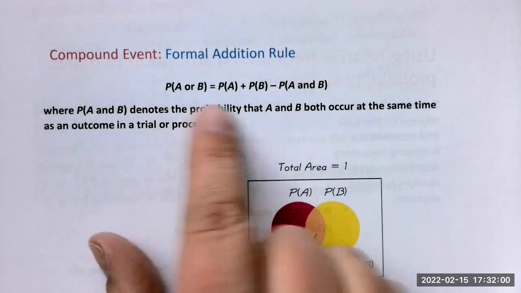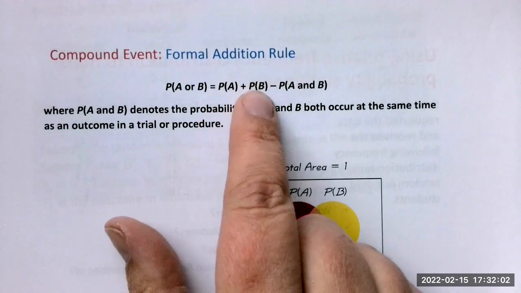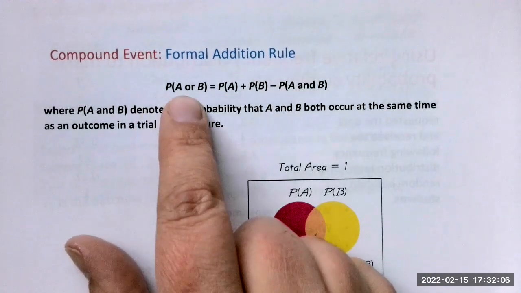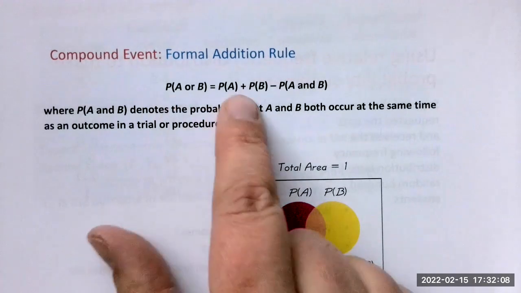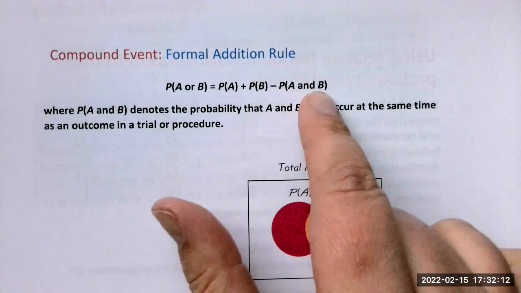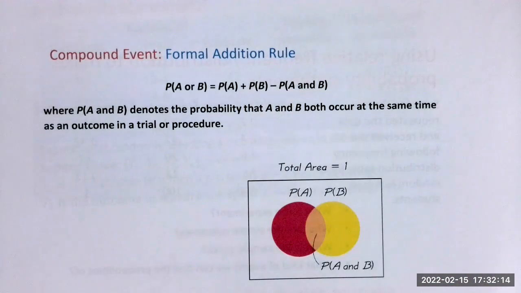If we know the probability of A, probability of B, and the probability of the intersection, then the probability of A or B will be probability of A plus the probability of B minus the probability of the intersection. All right, so that's our formal addition rule.